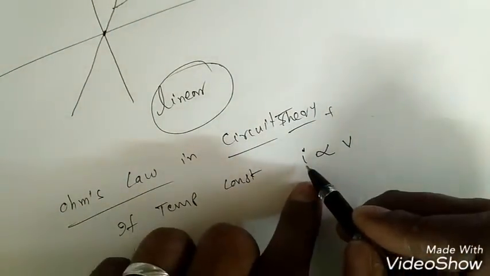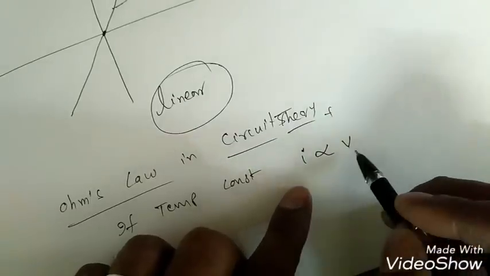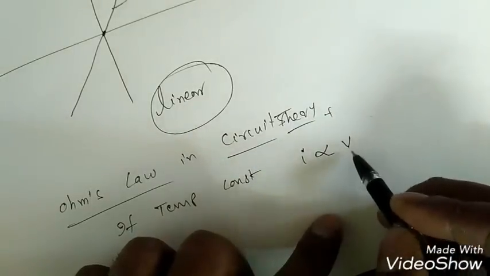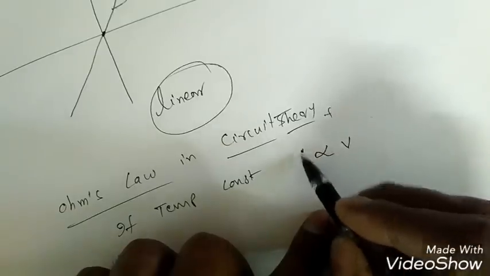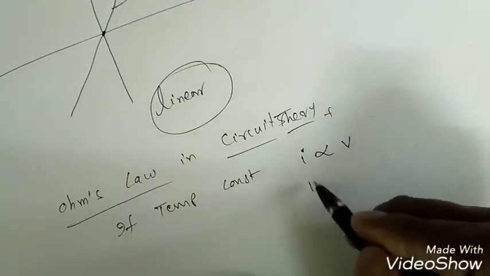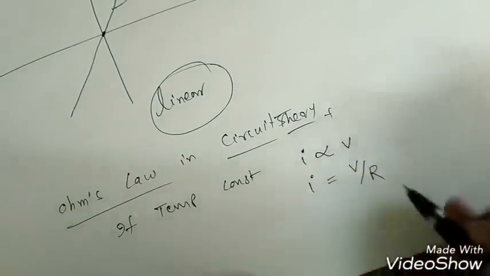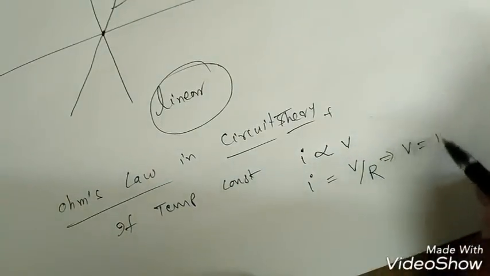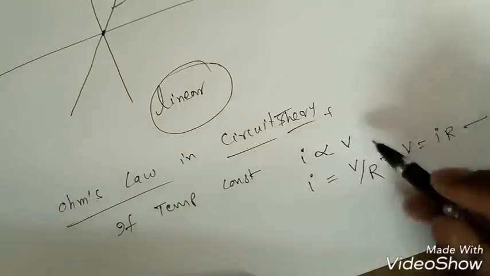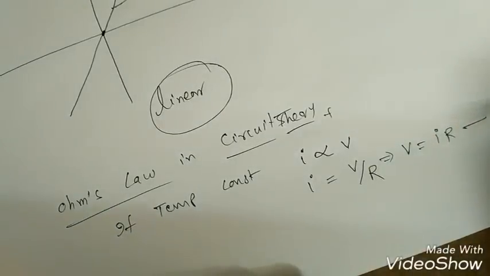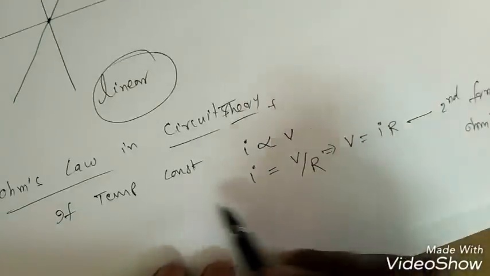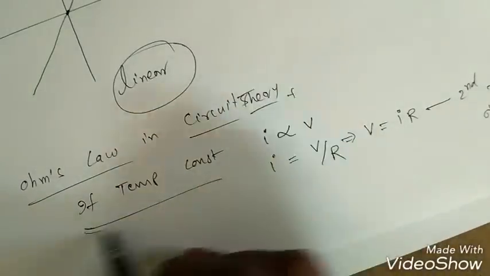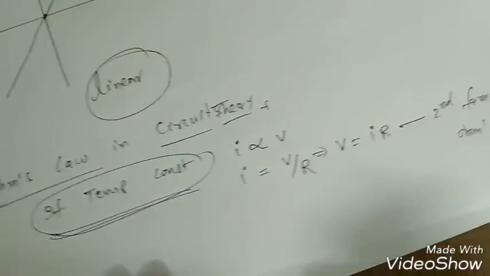So current is the effect and voltage is the cause. When we apply voltage, depending on that voltage the current will change proportionally. So I is equal to V by R, or we can say V is equal to IR. This is the second form of Ohm's law, and the condition is that temperature should be constant.